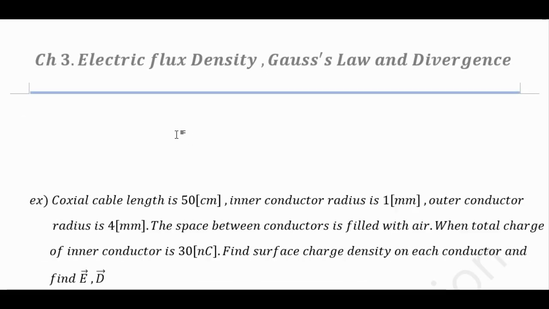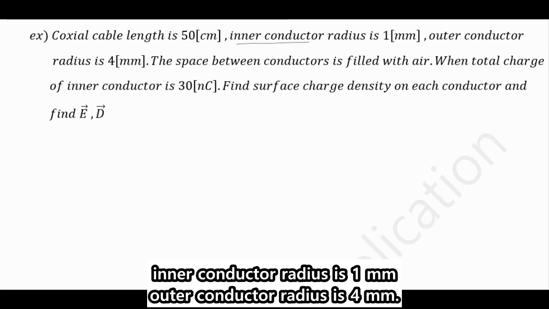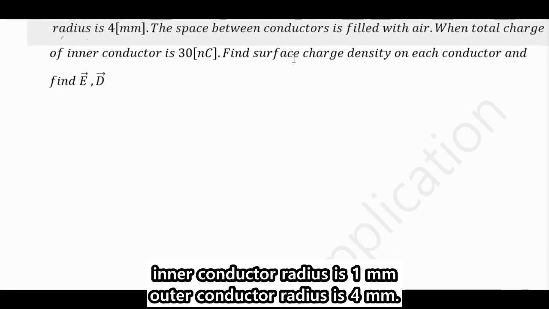So we take an example. The first example is a coaxial cable whose length is 50 centimeters and inner conductor radius is 1 millimeter. The outer conductor radius is 4 millimeter.